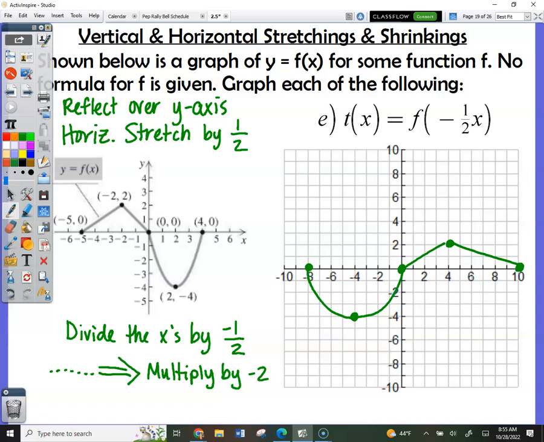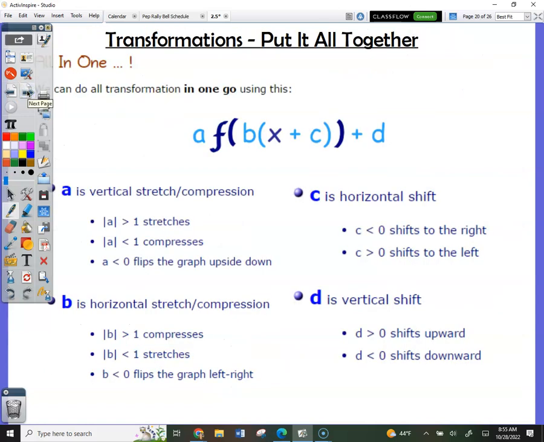All right, now let's put it all together. Look at this one right here. This is summarizing everything, okay? Here are your bars that I was telling you for like anything to do with horizontal, whether it's a shift or a horizontal stretch or shrink or reflection.